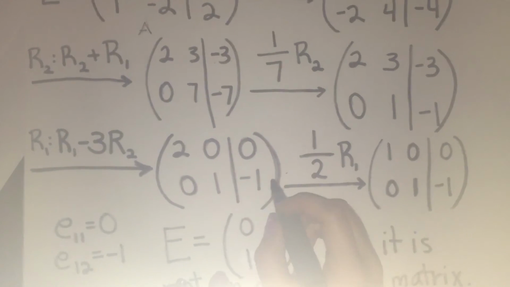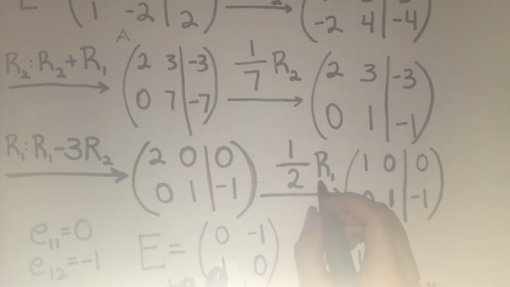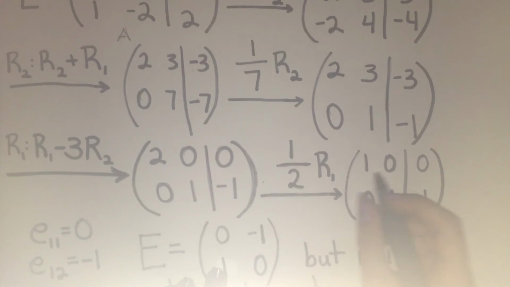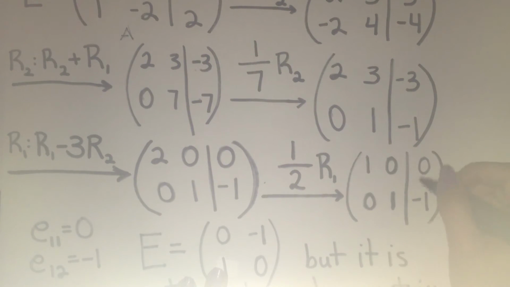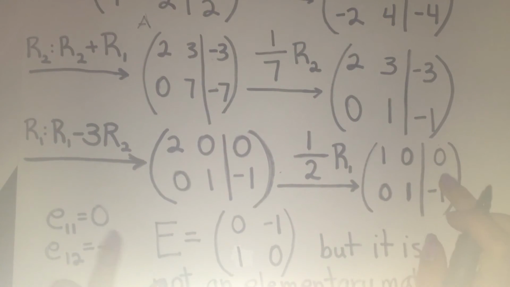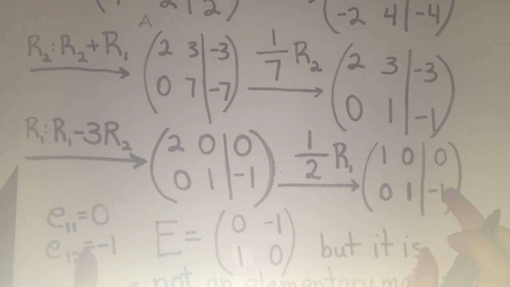So then, row 2 remains the same, and the next step is to divide row 1 by 2, because we're reducing, and here we have the identity matrix for A, and here we have 2 entries. So therefore, this shows us that E11 is equal to 0, and E12 is equal to negative 1.